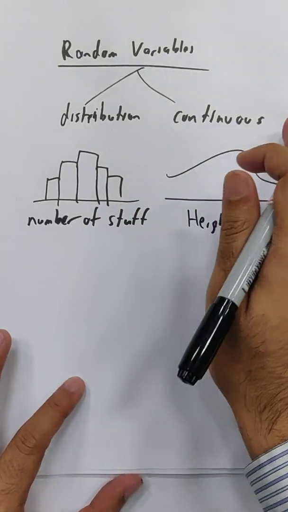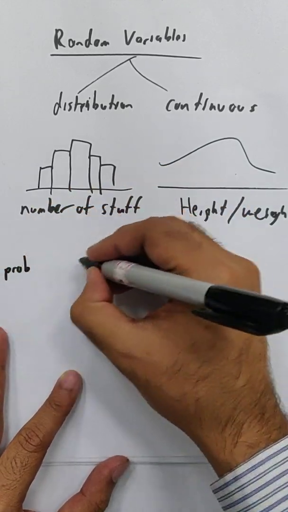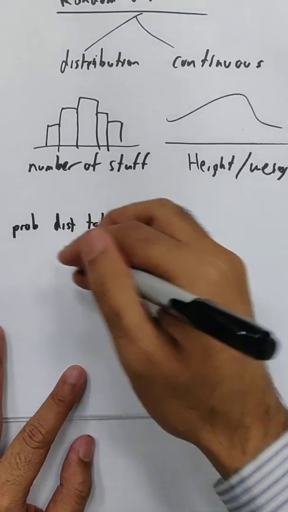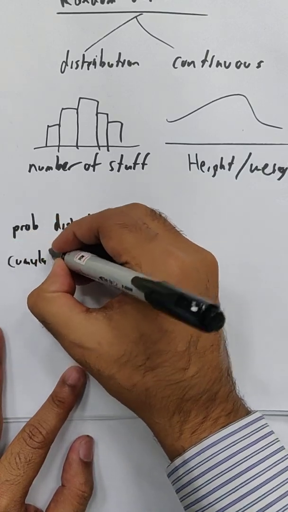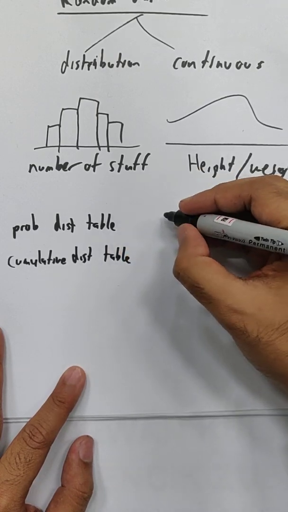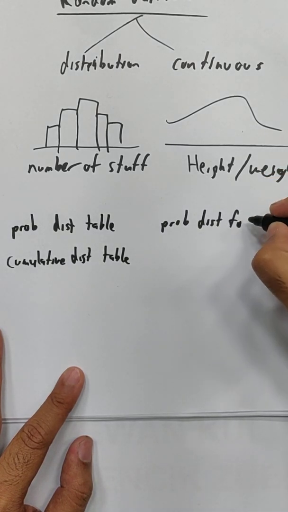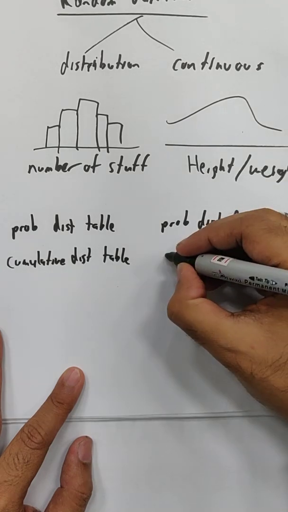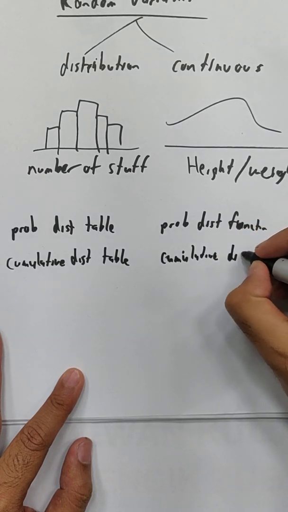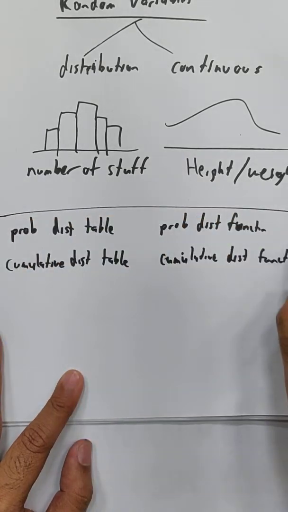We'll only be going through the probability distribution table, the cumulative distribution table, and another thing, the probability distribution function, and the cumulative distribution function. We'll only be doing these 4 things.